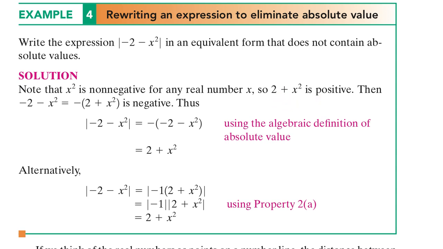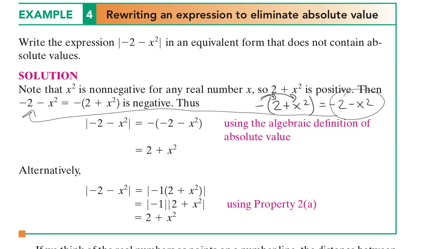Why does this matter? Because if we take 2 plus x squared, and if we take the opposite of that, then if I distribute the negative, that's negative 2 minus x squared. Then this is exactly that.